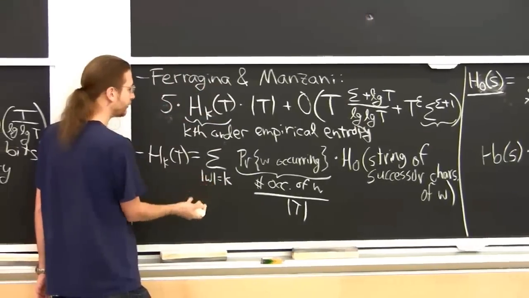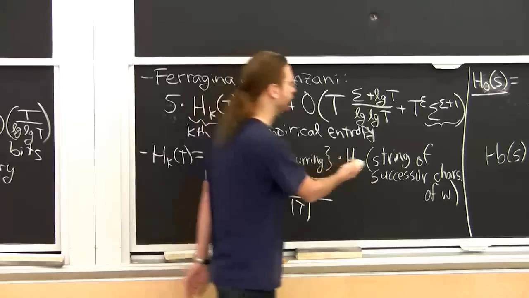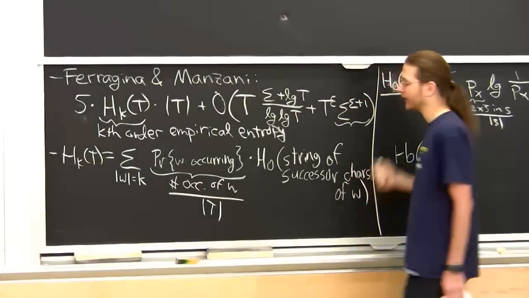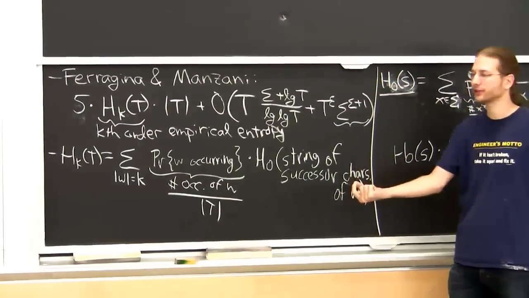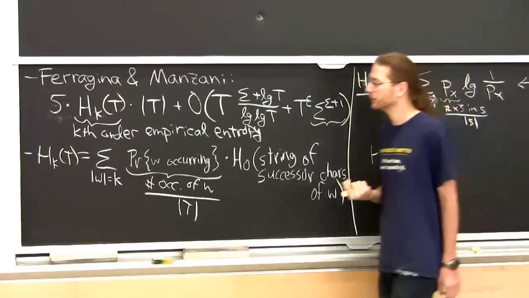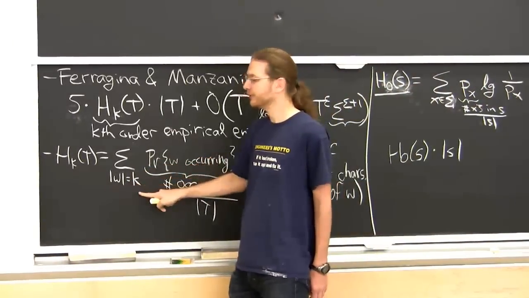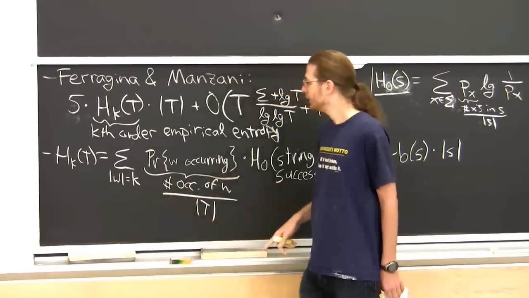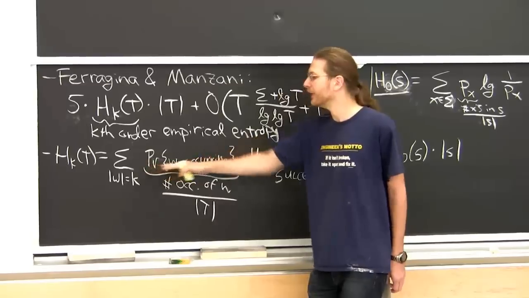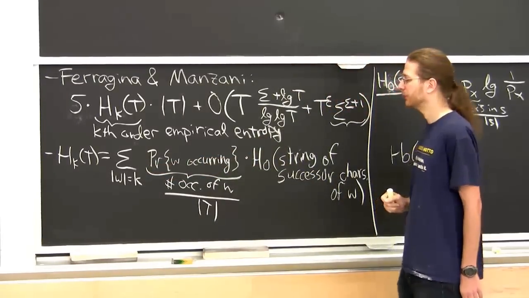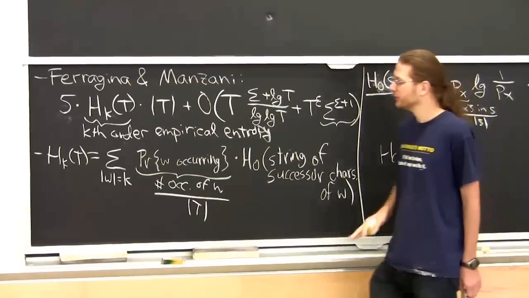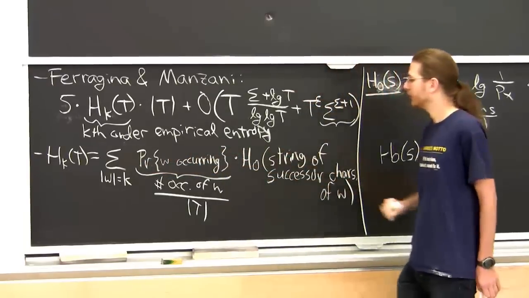So the idea is now you get to encode a character depending on the context of the last k characters. So we're summing over all possible contexts of k characters, and we're taking the expectation over all possible contexts w. That's the sum of the probabilities times something.